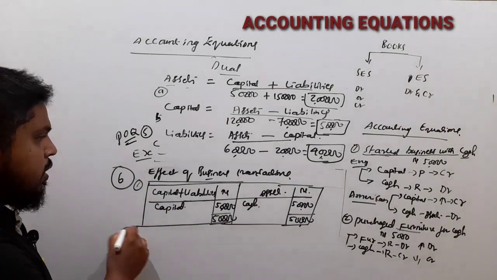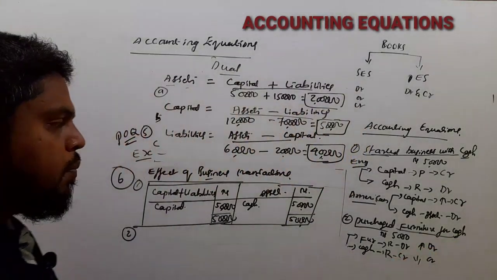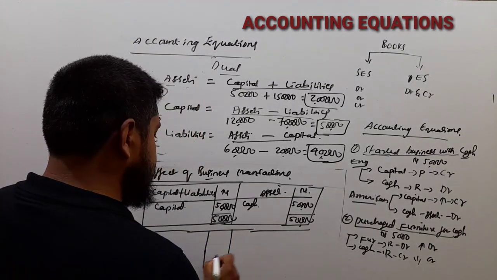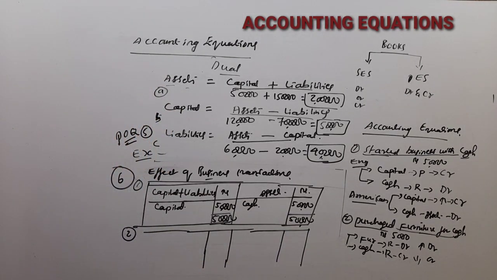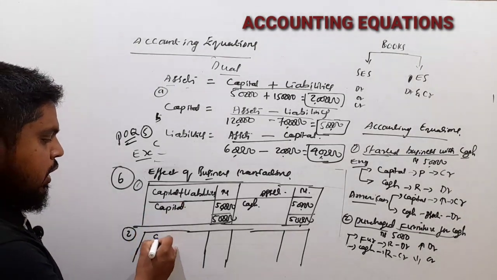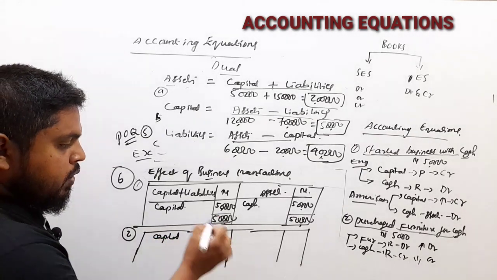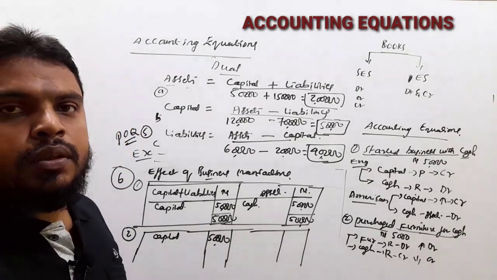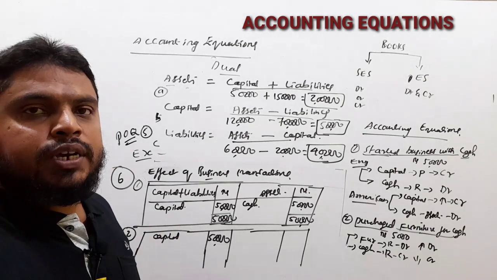Next, second, purchased furniture for cash. Now, capital remains the same here. So capital is 50,000. When will the capital change?